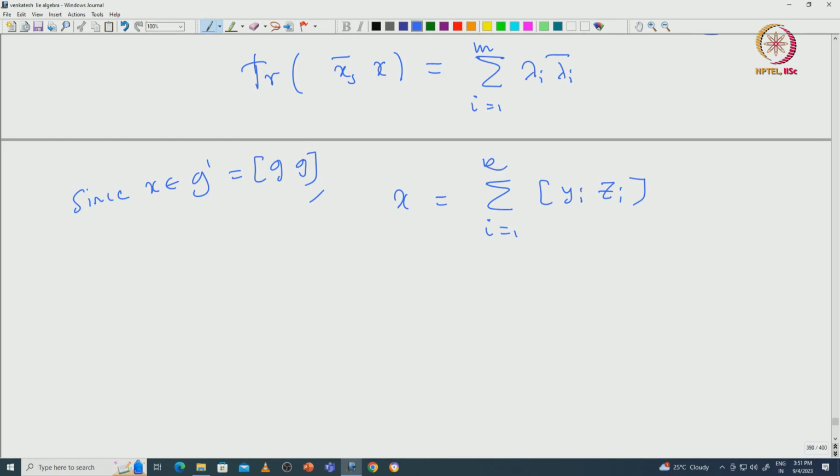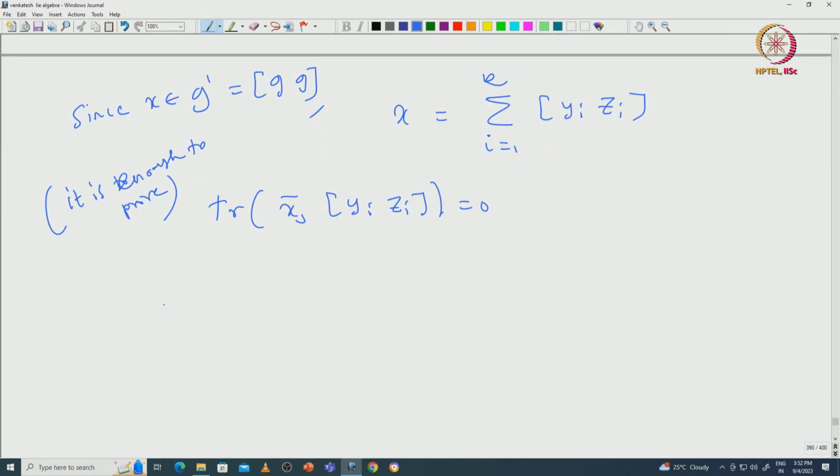So, in order to prove this trace of xs bar times x is 0, it is enough to prove that the trace of xs bar times this bracket [yi, zi] is 0.